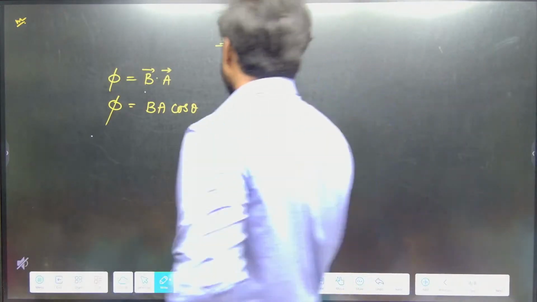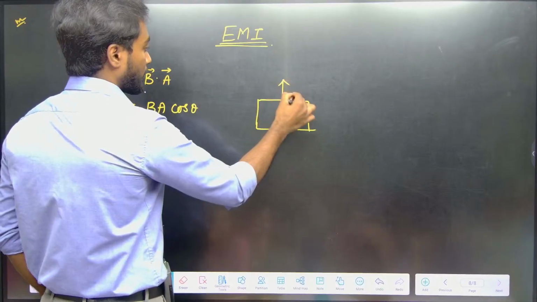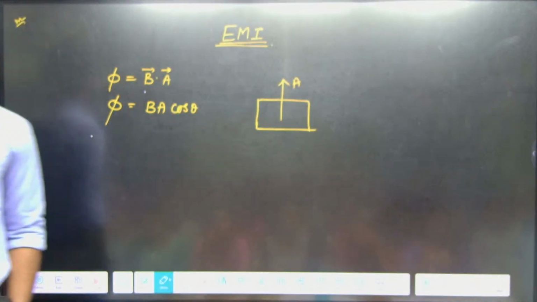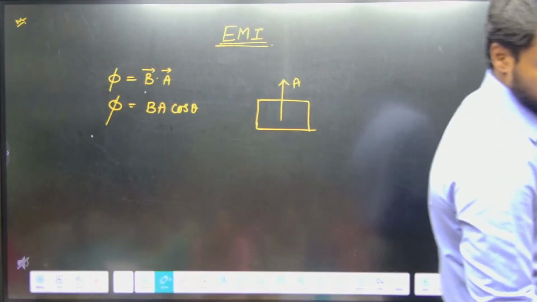Radially outward in the sense, if I talk about this is my field, so this is my area of the cross section, like it is radially outward.